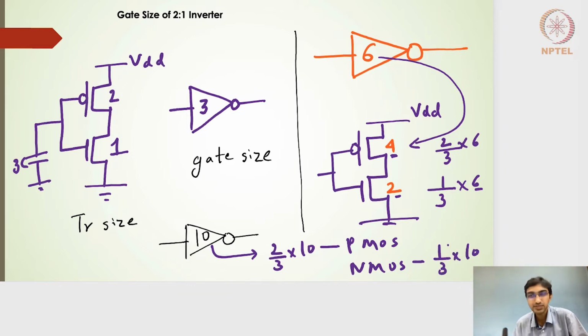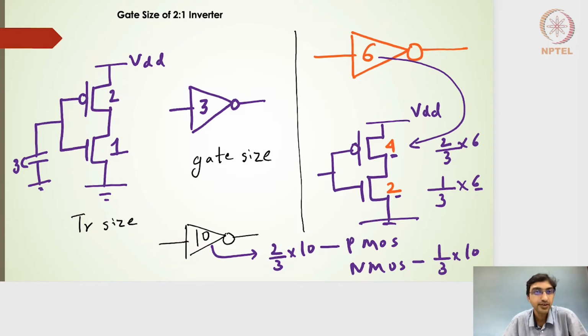That is nothing but 6.66 and 3.33 respectively for PMOS and NMOS. Hope this is clear. This notation of the gate size, and from the gate size allocating the required widths to the PMOS and NMOS transistors, is what we are going to follow from here on.